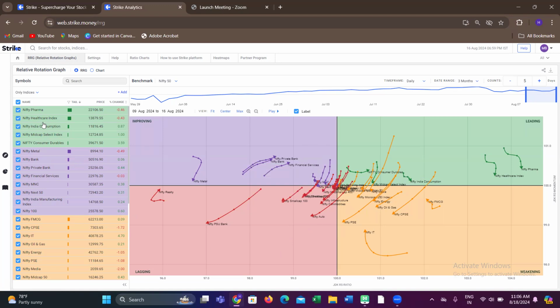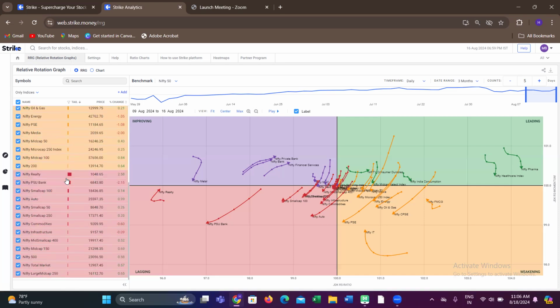Now, these are the things that you can see. So navigation is very simple. Log in. You will land on the home page. Then click on RRG Relative Rotation Graphs, and you will see all the indices by default highlighting at the left, and you will see RRG graph at the right hand.